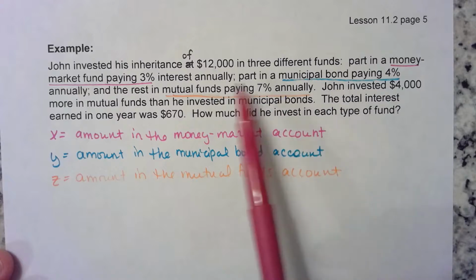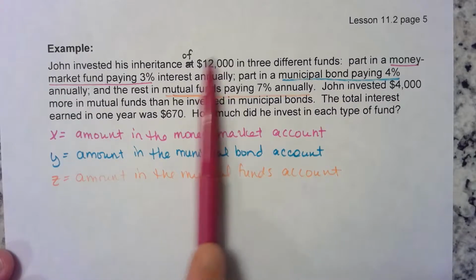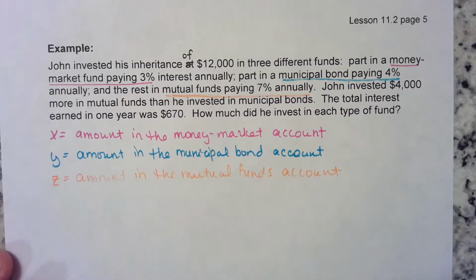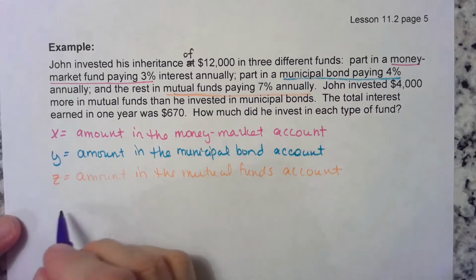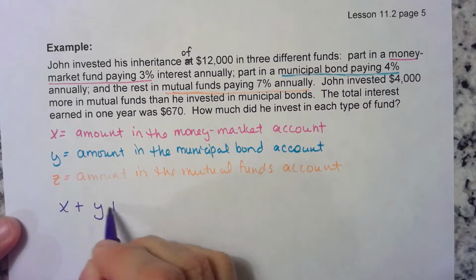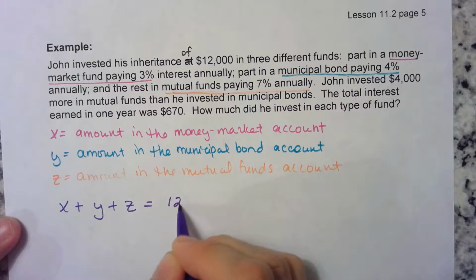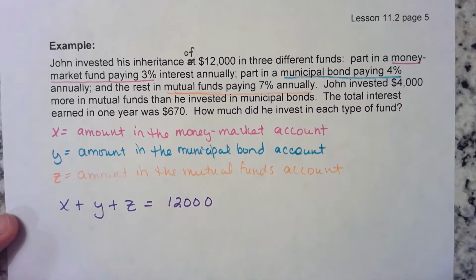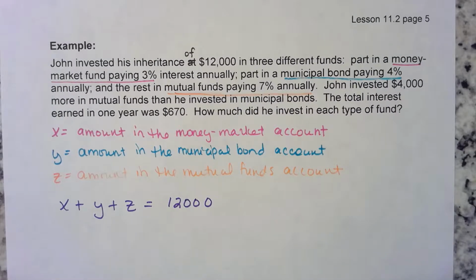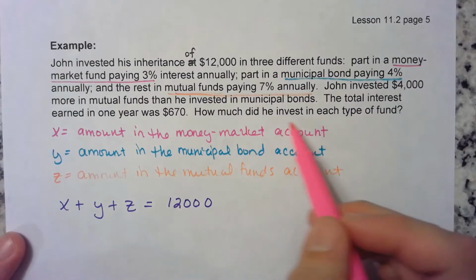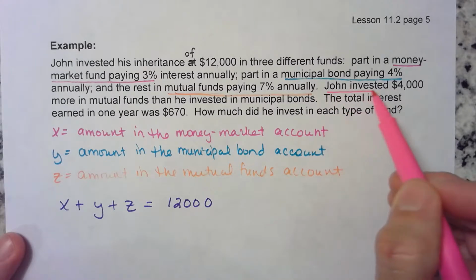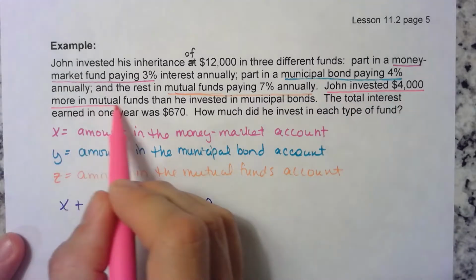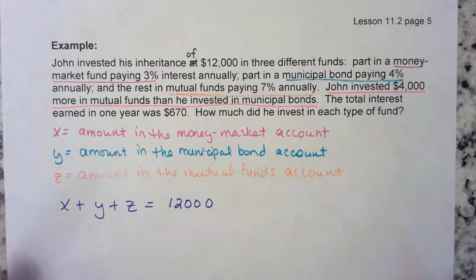So we know that if we were to add them all together, we would get $12,000, right? So X plus Y plus Z is a total of $12,000 because that was his whole inheritance. We also know that John invested $4,000 more in mutual funds than he invested in municipal bonds.